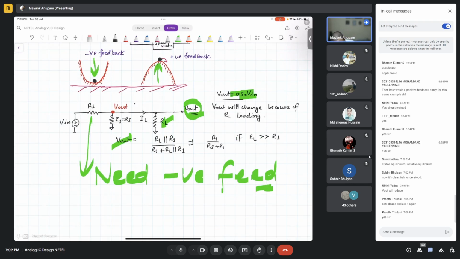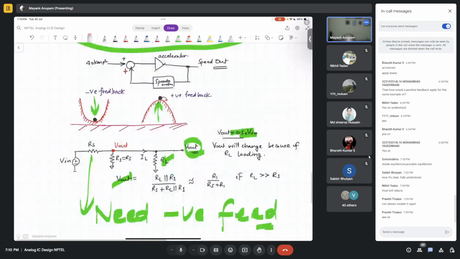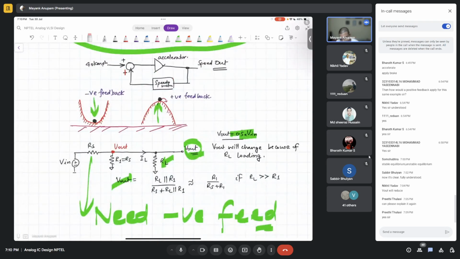However, you want to make sure that the output voltage is not changing. You want some kind of negative feedback here so that the overall output voltage remains constant. And the way to do this was by changing the resistance here.